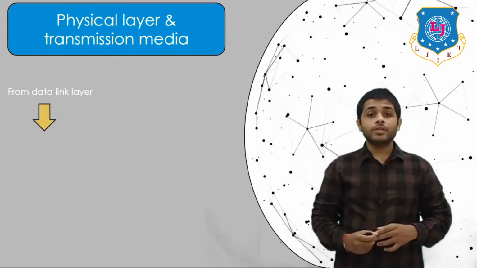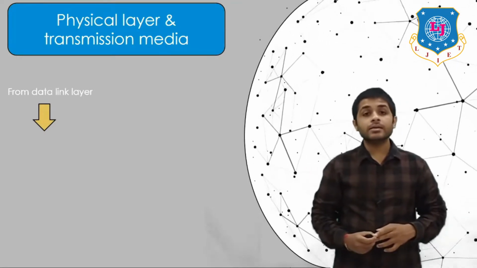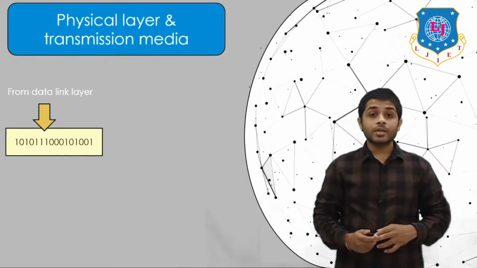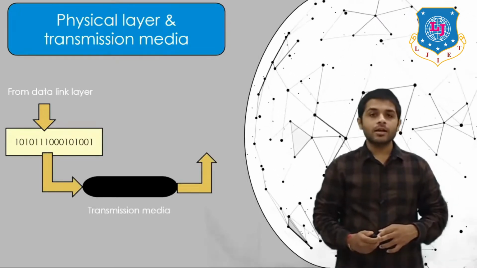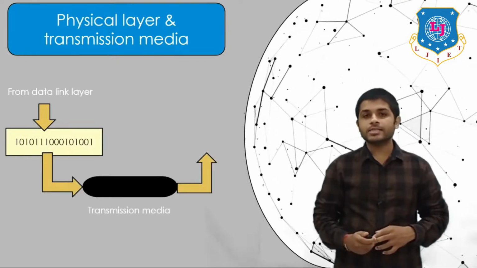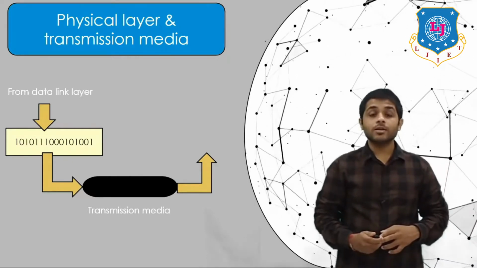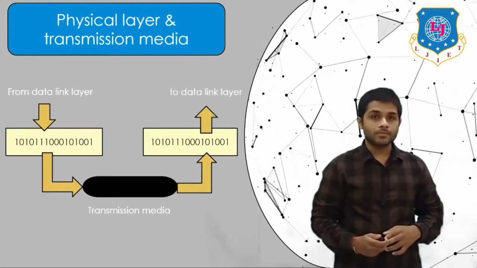The responsibility of the physical layer is that when the data is received from the data link layer, the physical layer will convert those bits into a signal and send it using the transmission medium. Then the signal will be converted again to bits and delivered to the data link layer.